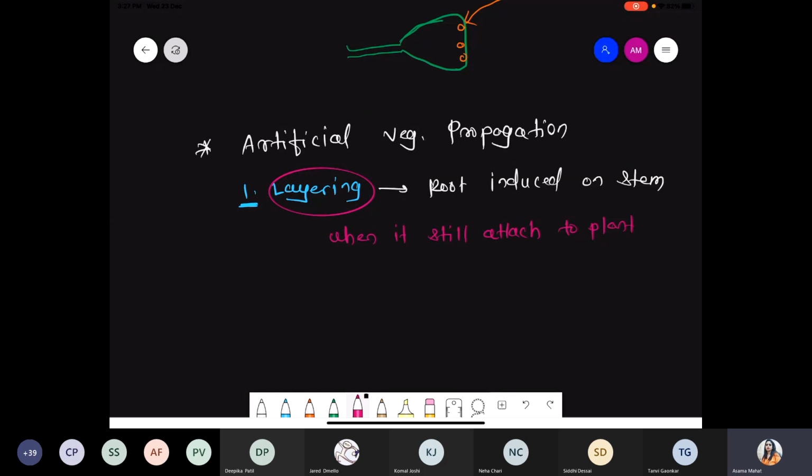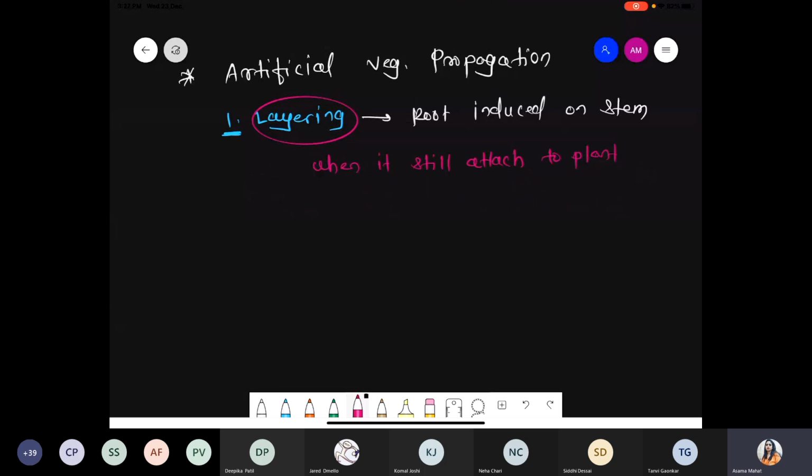Basically, what happens during the layering method: in a simple plant, we have to create a specific type of cut, right? And through that cut some hormone gets secreted, and now it can induce a new root, and from the root a new plantlet can be observed. So we take a very simple diagrammatic explanation so we get a clear idea.